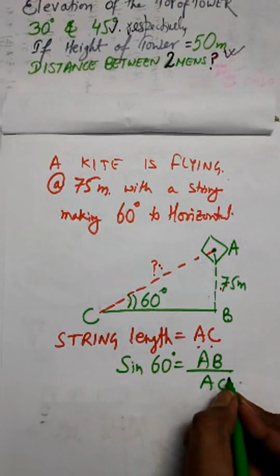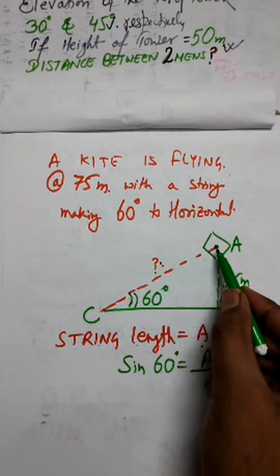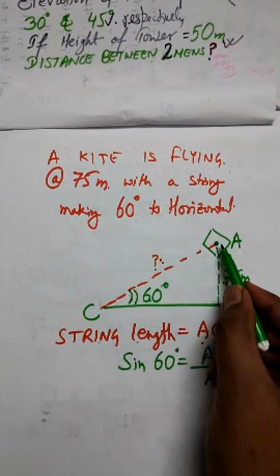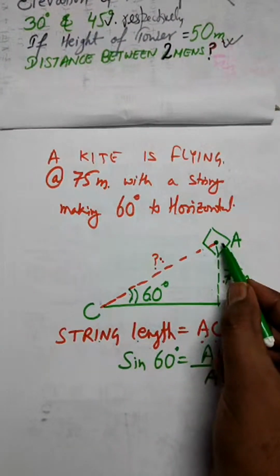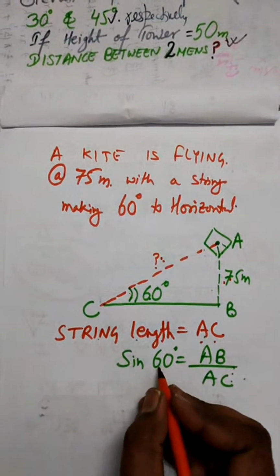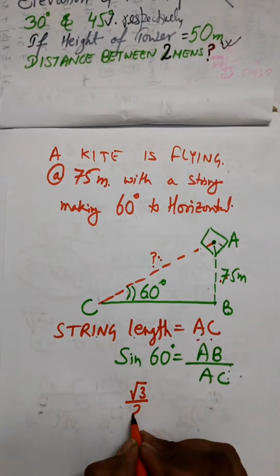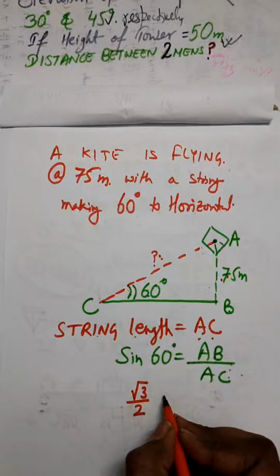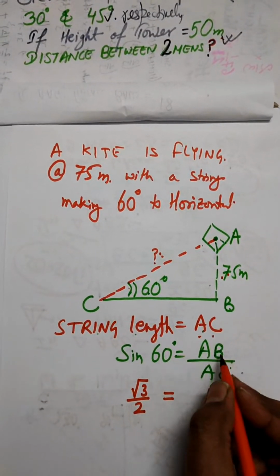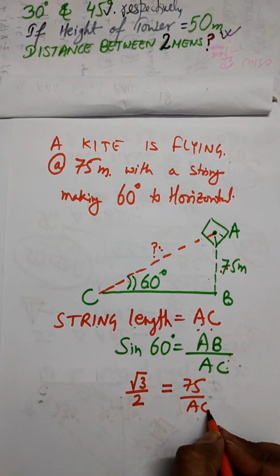We need to find the length of the string, which is making a 60 degree angle with the ground and is tied at the other end to the kite. We know the value of sine 60, which is root 3 by 2. Put in the values: AB is 75 and AC is the only variable.